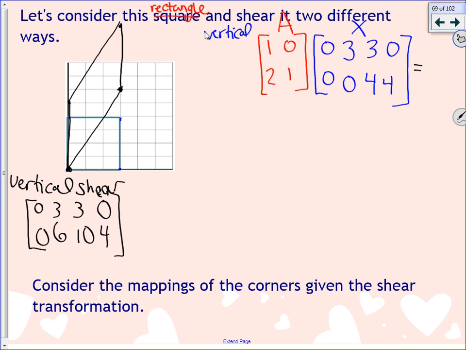No, it's a vertical shear. Okay, so there is our vertical shear.